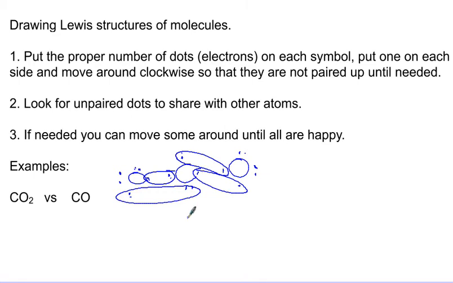We can clean that up a little bit and draw the structure like this, where each one of these sticks means 2 shared electrons. And again, we'll practice this in class some more too, because a 15-minute video doesn't give me a lot of time to show you lots of different practices.